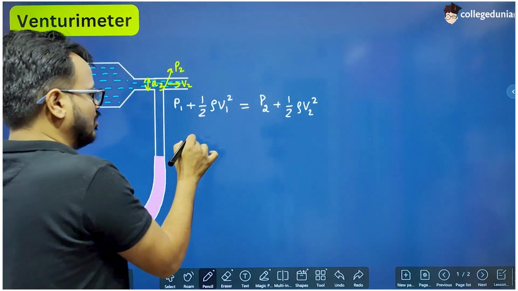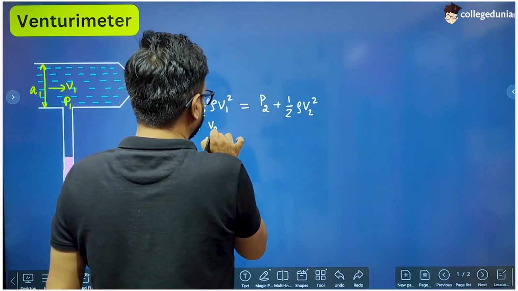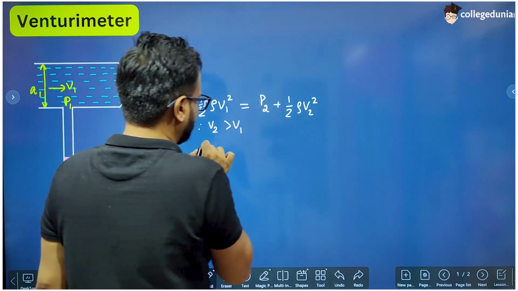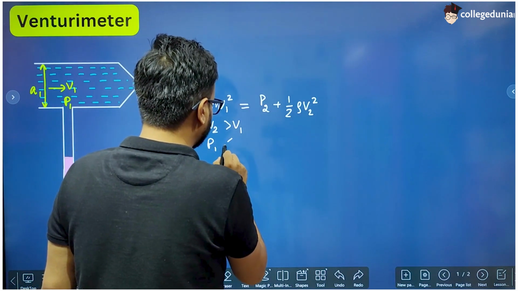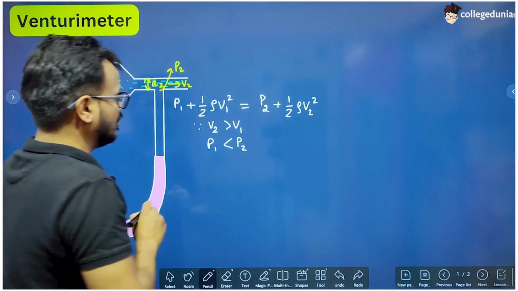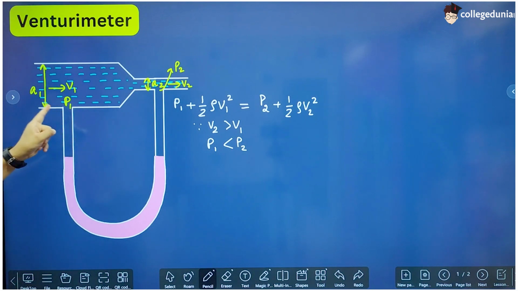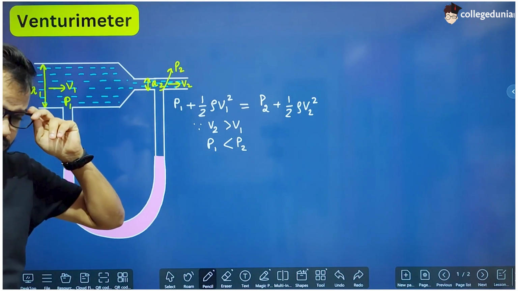Since velocity V2 is more than velocity V1, to keep this sum the same, obviously pressure P1 must be less than P2, pressure P1 must be less than the pressure P2.